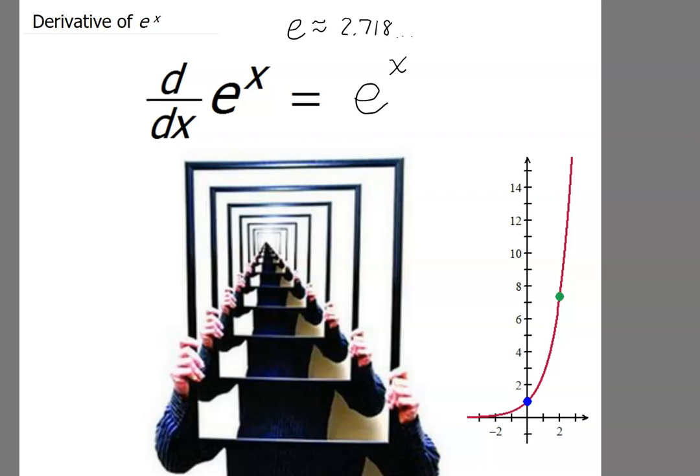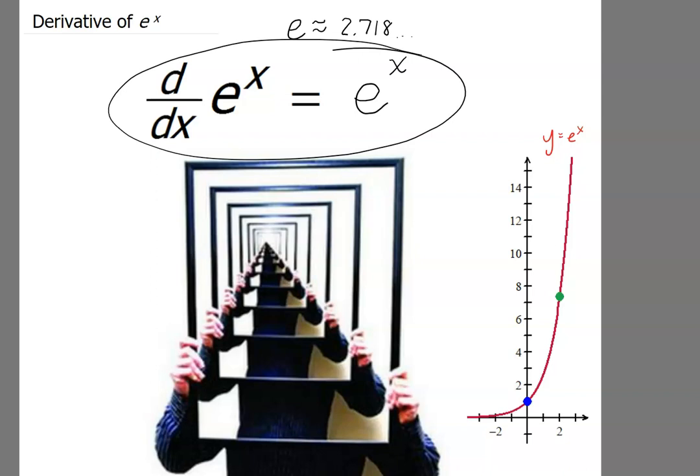And so what I have down on that graph is a graph of y equals e to the x. And what this derivative statement tells us is that, for example, at the point (0, 1), because e to the 0 is 1, the y value is 1, and the slope of the tangent line is also 1.